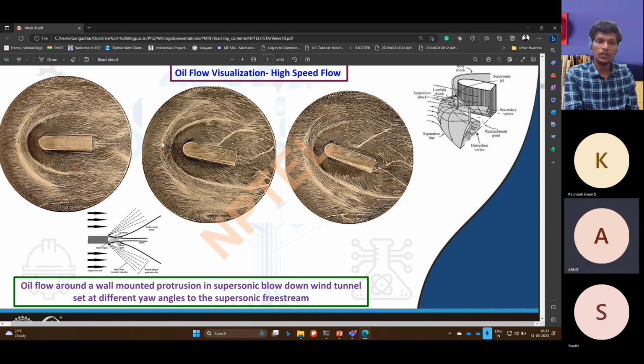I'm also thinking about this pattern, but it is not very clear, because it needs separation and reattachment kind of phenomenon that we should ensure, whether it is really the horseshoe vortex or something else. But we can relate those two, and how it is forming, like where it is separating. This line can be the separation line of this horseshoe vortex.